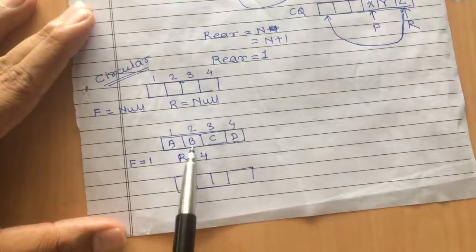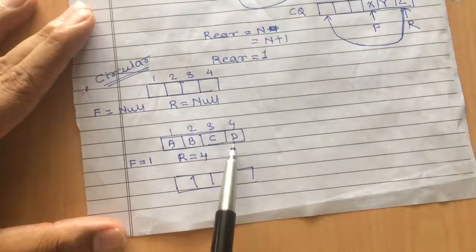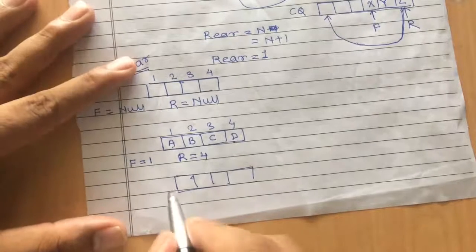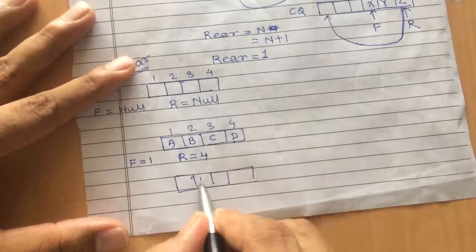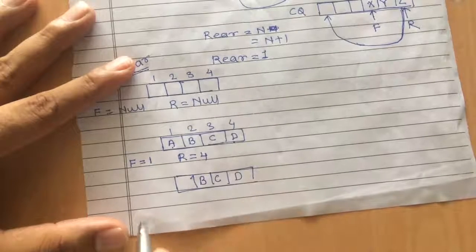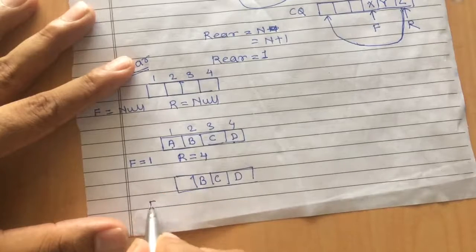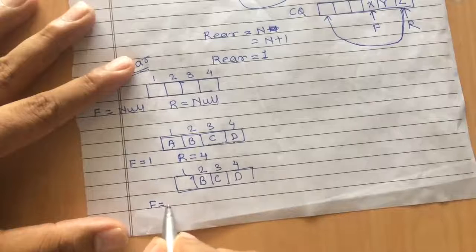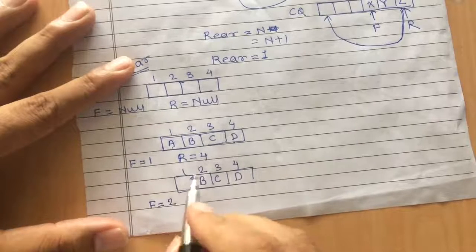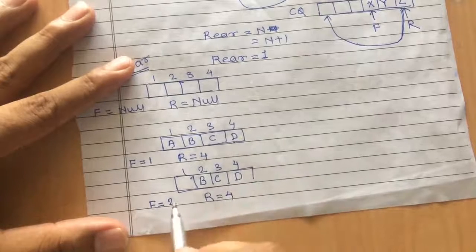After A, B. Then after B we have to remove C, and at the end we have to remove D. So first I will remove A. Now B, C and D are present. As I have removed A, my front will point to the second location instead of the first, and rear will point to the same fourth location.